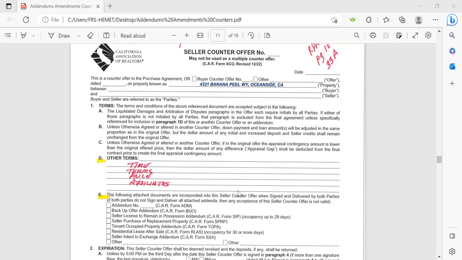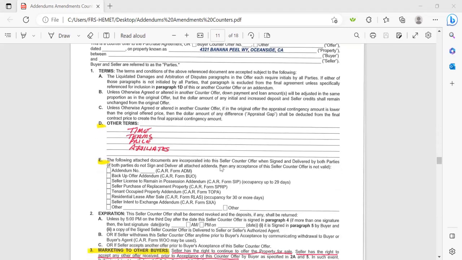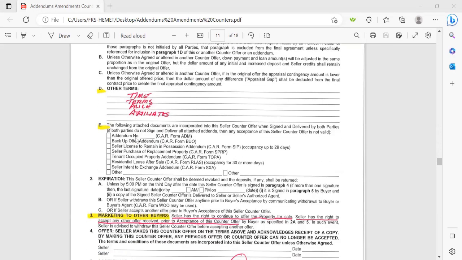It says, yes, we agree to everything in the contract, subject to the items listed in the seller's counter, which are these items. The following documents are incorporated into this. So I want an addendum, number 1, that says who knows what.